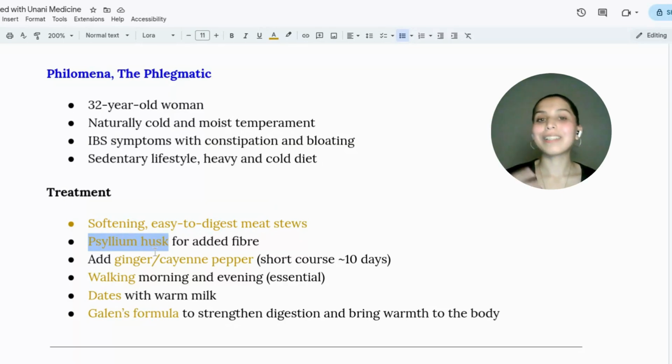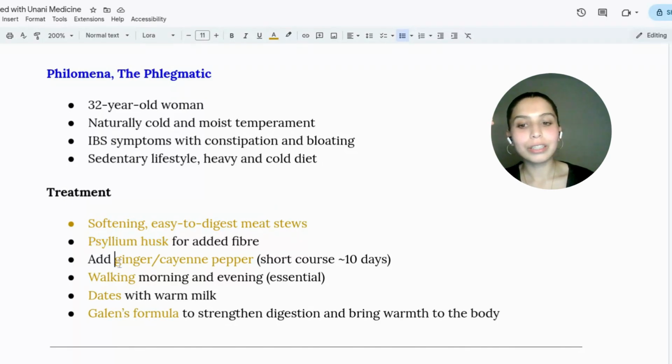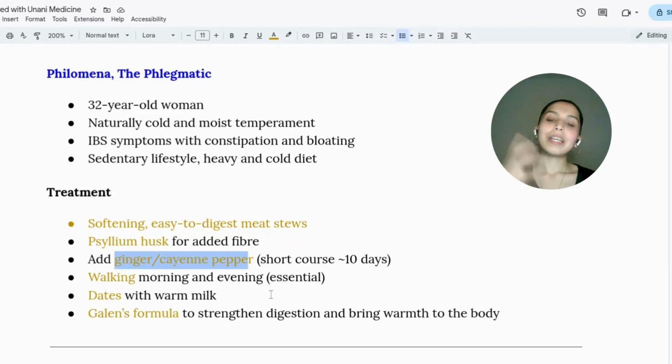Psyllium husk adds fiber and helps soften the stool so that it can pass easier. And then for her, it was the adding of ginger or cayenne pepper, a short course, approximately 10 days. This would increase her digestive fire, bringing heat into her digestive system. And from a more Western perspective, this is what increases the hydrochloric acid.